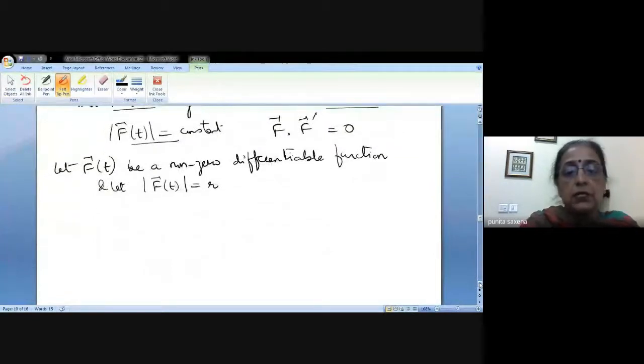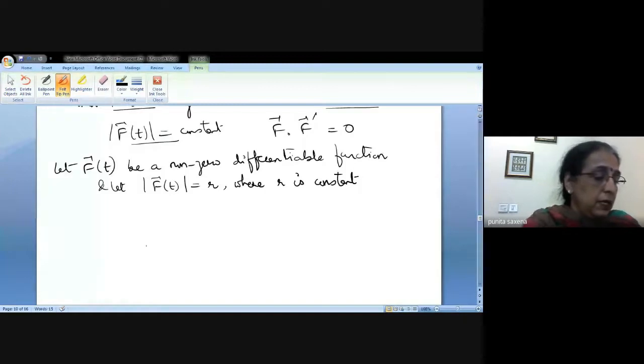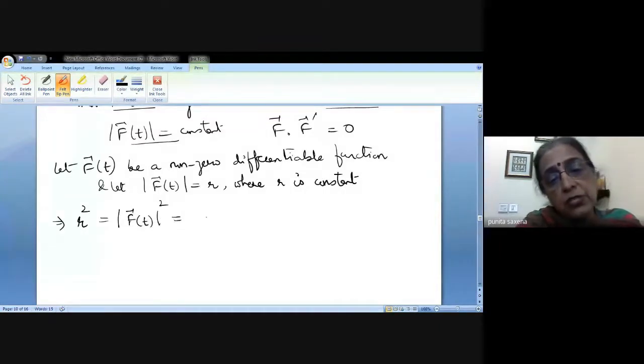Then if you just look here, what will r square be? r square will be nothing but mod of f(t) square, which I can write as f(t) dot f(t).